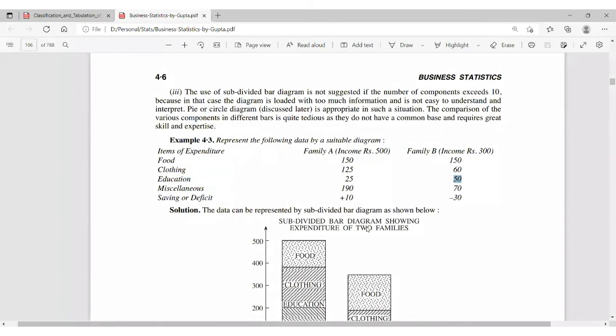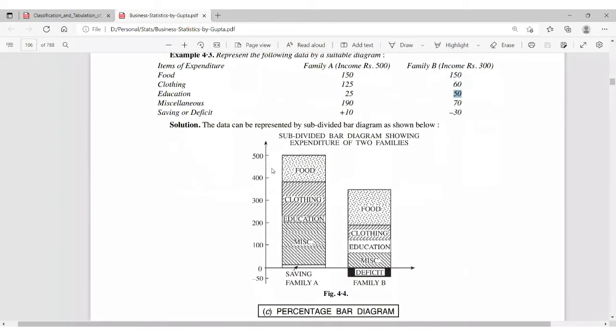Now, first of all, food 150. So from 500, we take 150, make a point and draw this. In a similar way, this is food 150.